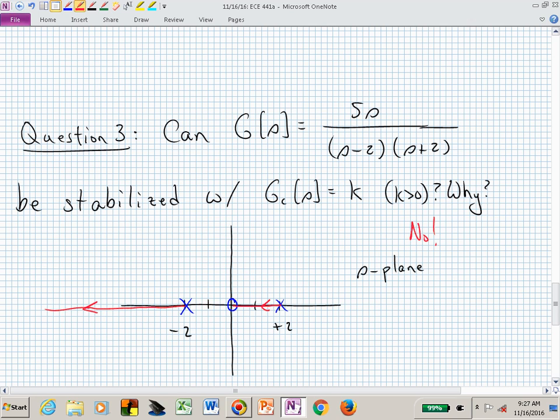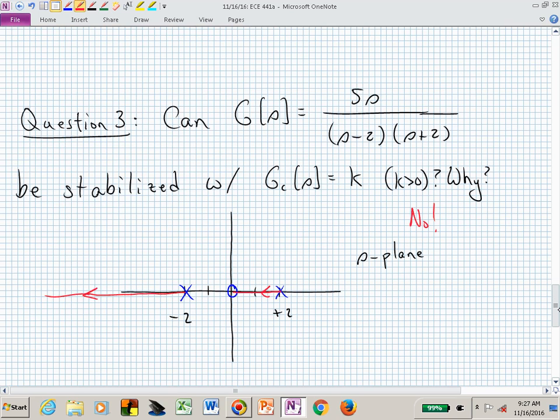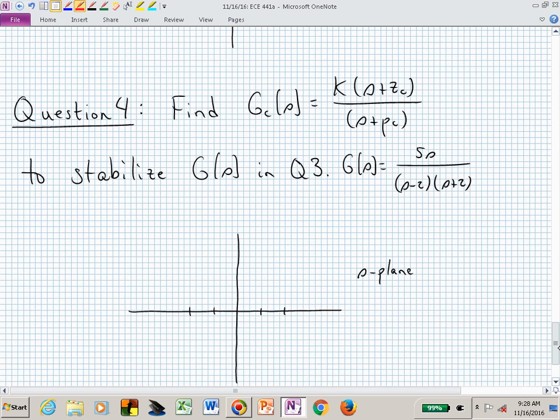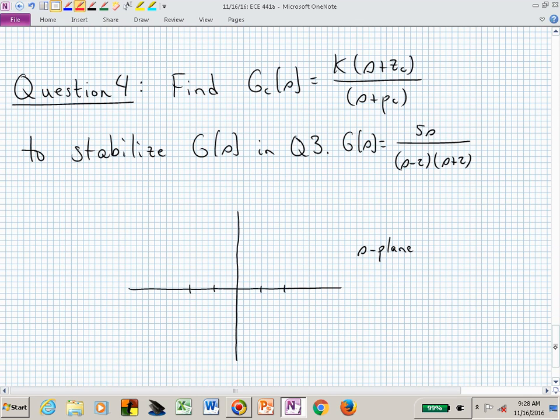And you could say, well, I can never have a pole leave the right half plane because of the root locus diagram. It verifies that I'm always unstable. So you know my next question. Find a controller that will stabilize that system when the controller is something other than just a pure gain.